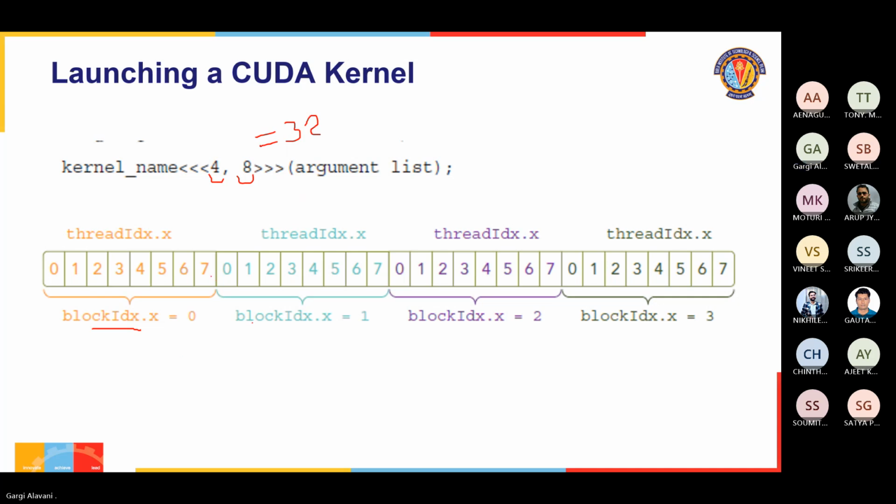In another block, the block ID will change, but the thread index will remain the same. In the third block, the block ID will change, the thread index will remain the same, and so on. So is it clear? This is a very simple example.